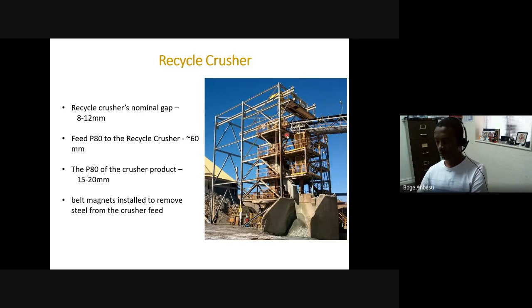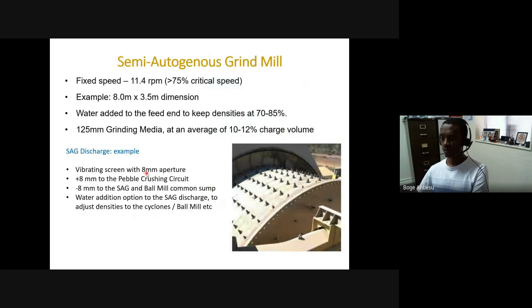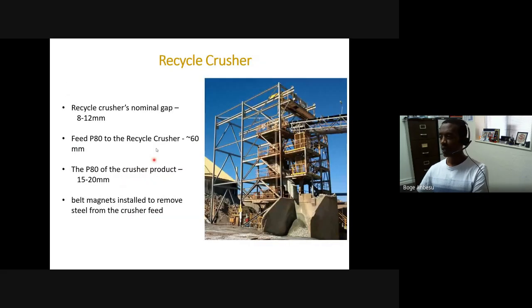For example, you could have produced 8 millimeter and more particles as oversize from SAG mill. Then that can be crushed again with a recycled crusher and then put back into the SAG mill again. And typically, if you're using a recycled crusher, the product that you expect is somewhere around 15 to 20 millimeters that can be, again, crushed and processed further in the SAG mill.